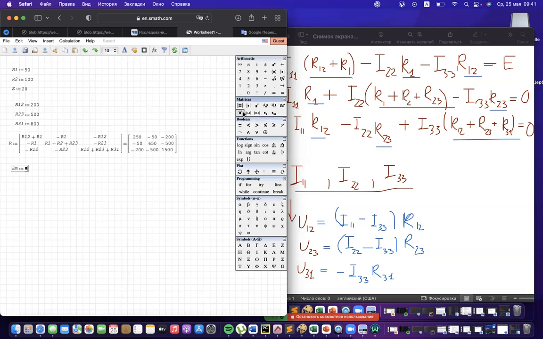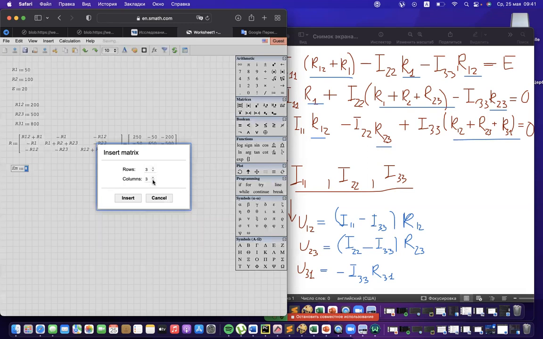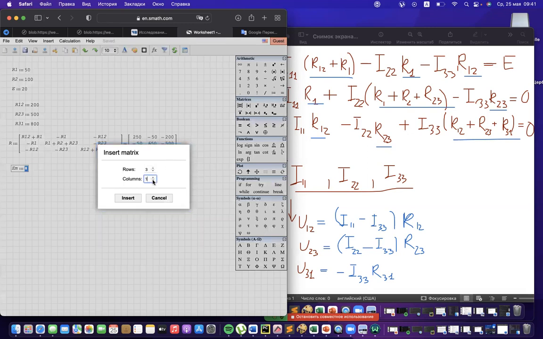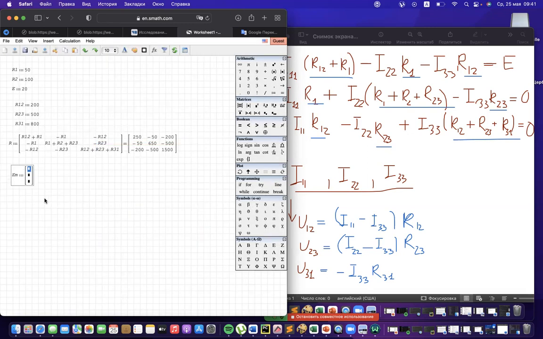It should be a matrix with 1 column and 3 rows. Okay, insert. Electromotive force, the first one, and 0 for the other coefficients.